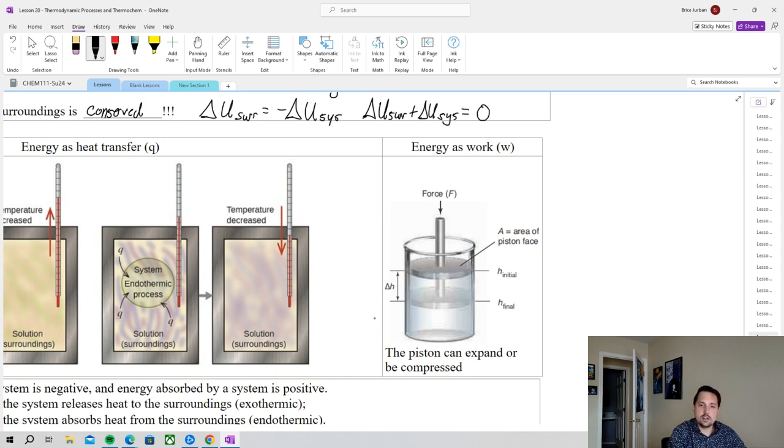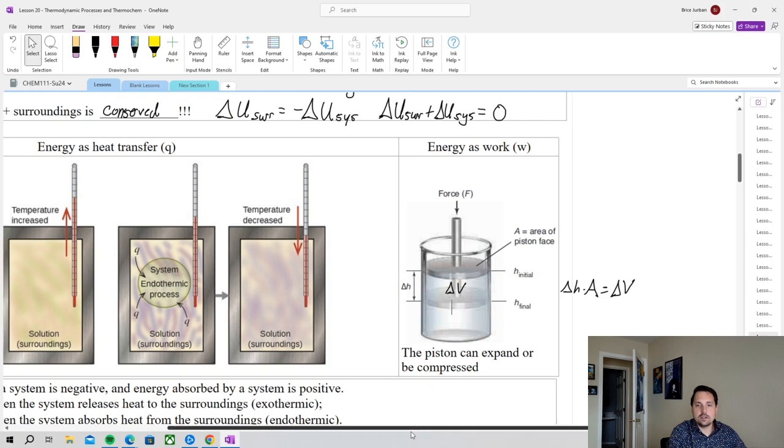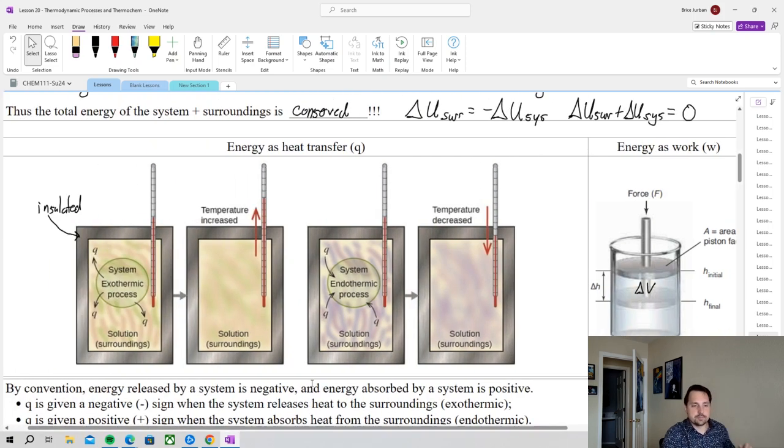So essentially here, this delta h times the area gives us our change in volume. And pistons can be expanded or they can be compressed. So we can look at whether the work is done by the system or done on the system.